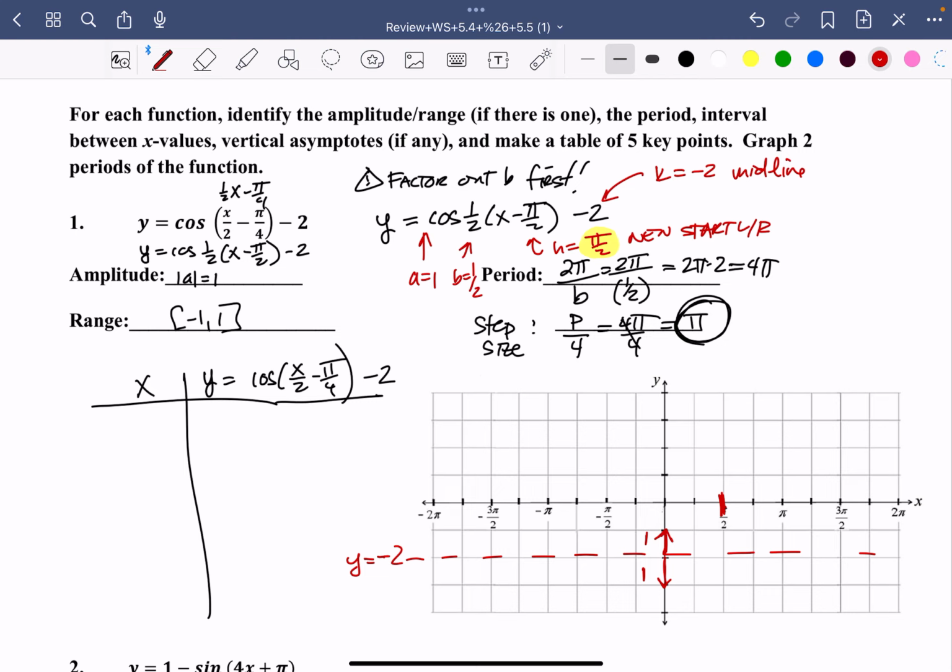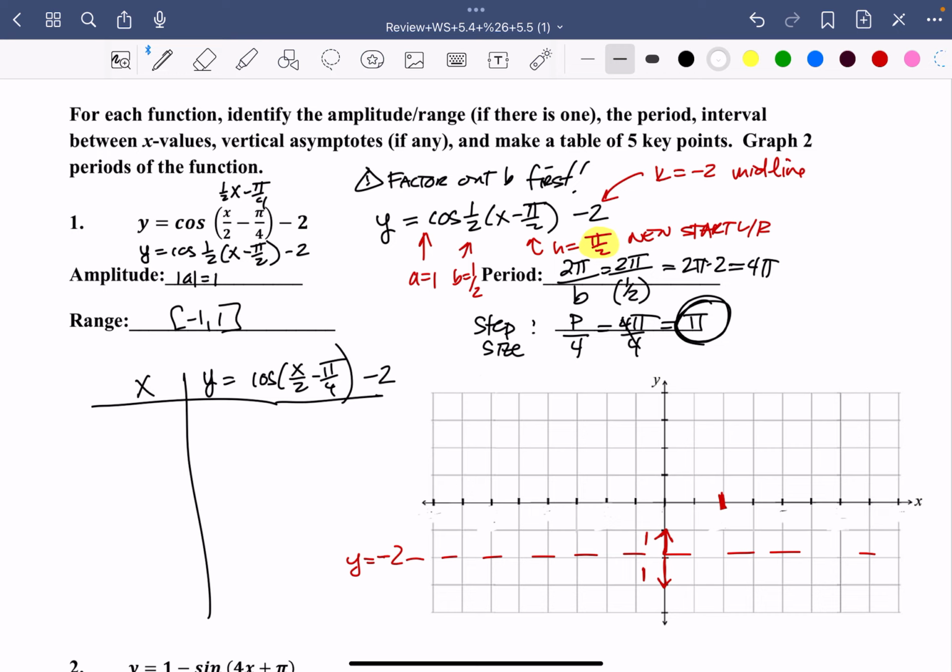So in this case, to make our life easier, I'm going to mark over these, right? So on the exam, I will give you graph paper that does not have markings on it. That way you can make the sizes any sizes you want.